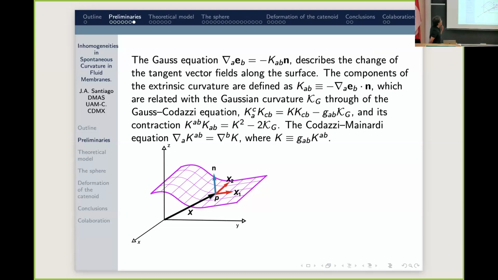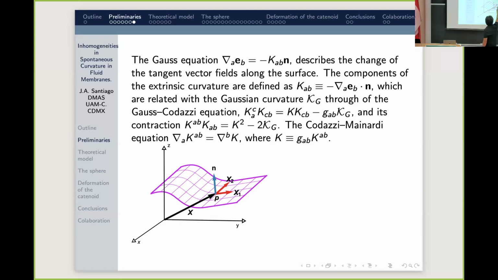We also have the Gauss-Codazzi equation that relates the extrinsic curvature with the intrinsic curvature. The extrinsic curvature is defined by the second fundamental form, and the intrinsic curvature is the Gaussian curvature, and there is a relationship between them, right?